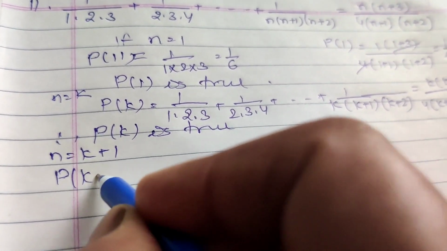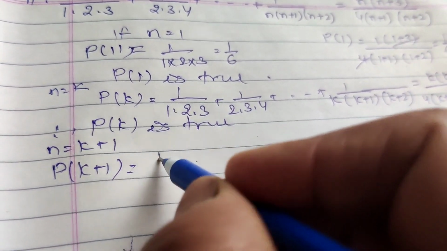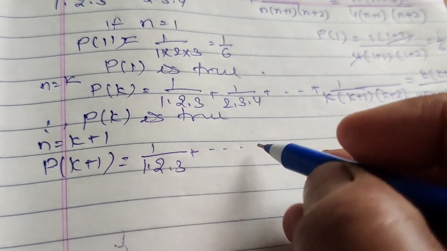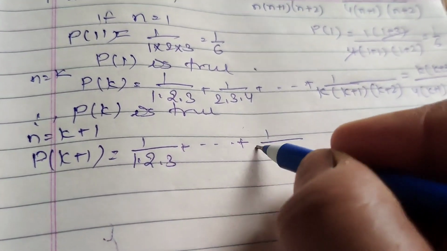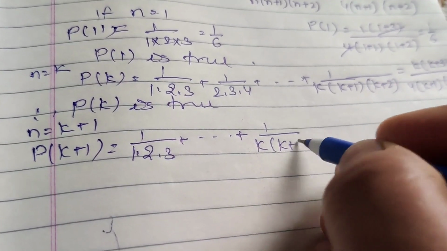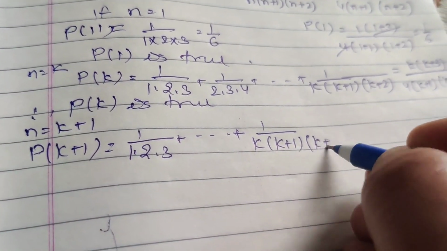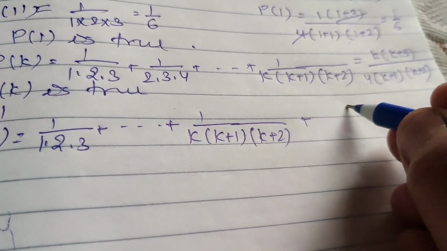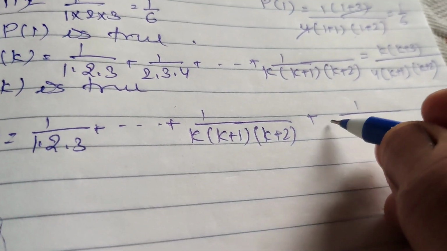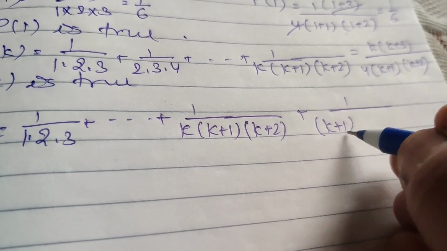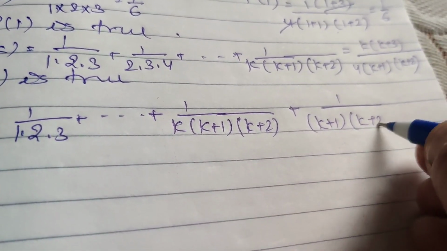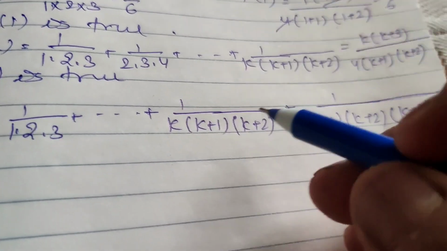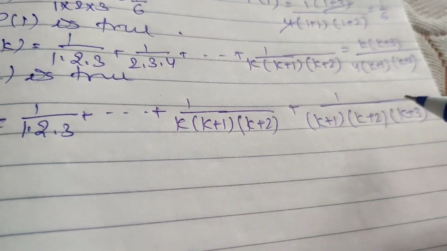Now P(k plus 1): the series remains the same up to the kth term, 1 by k into (k plus 1) into (k plus 2), and the next term is 1 upon (k plus 1) into (k plus 2) into (k plus 3); just put k equal to k plus 1.